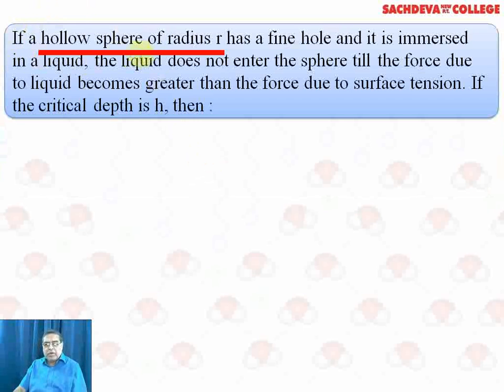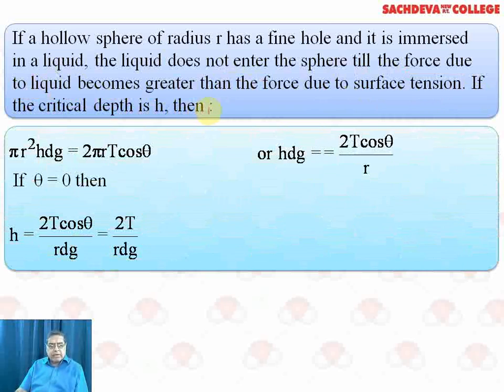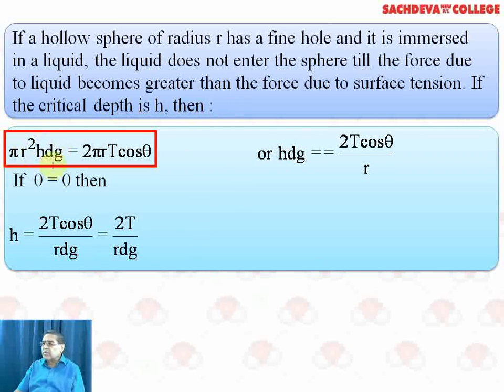If a hollow sphere of radius R has a fine hole at the bottom and it is immersed in a liquid, then liquid does not enter the sphere till the force due to liquid becomes greater. That is, the upthrust becomes greater than the force due to surface tension. If the critical depth is h, then the following formulas are to be used. Pi r square stands for area, h is height, d is the density, g is acceleration due to gravity.